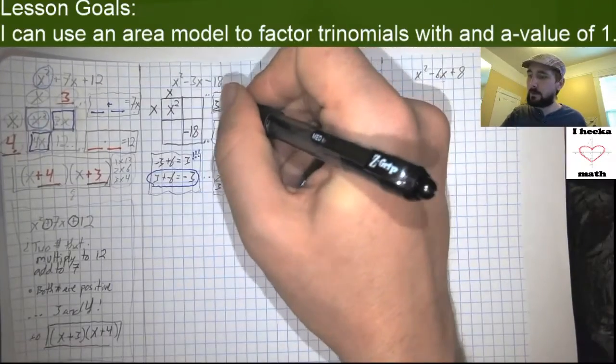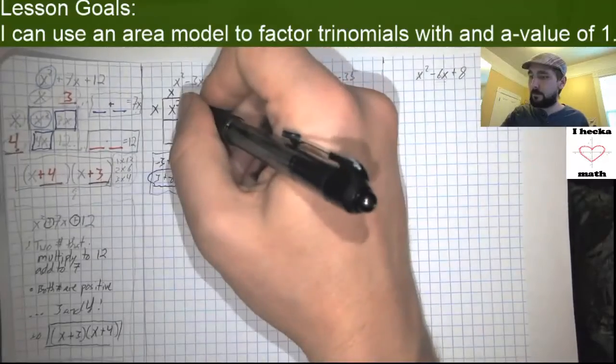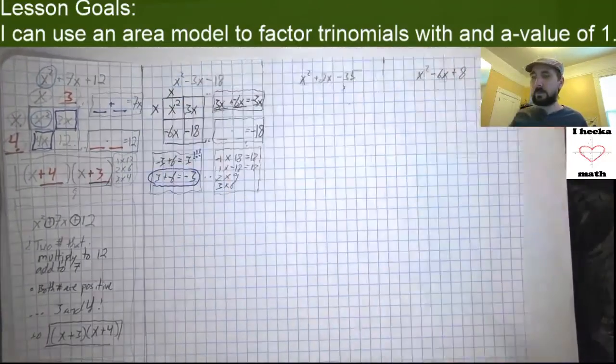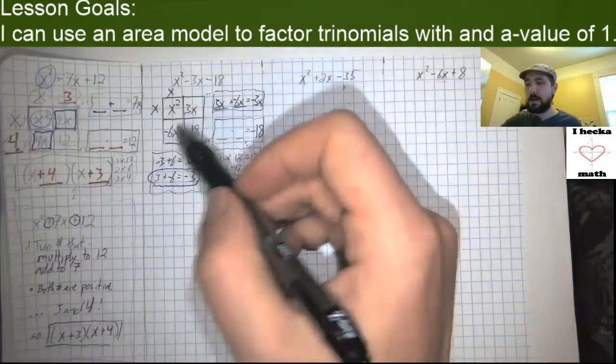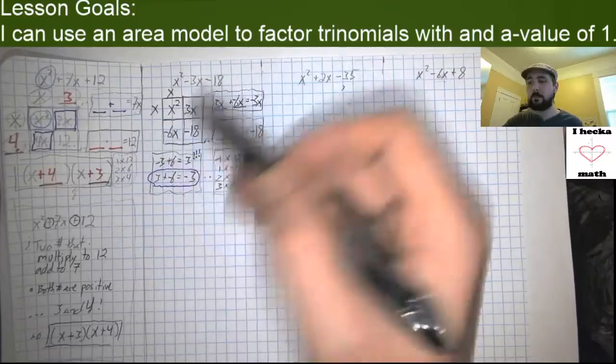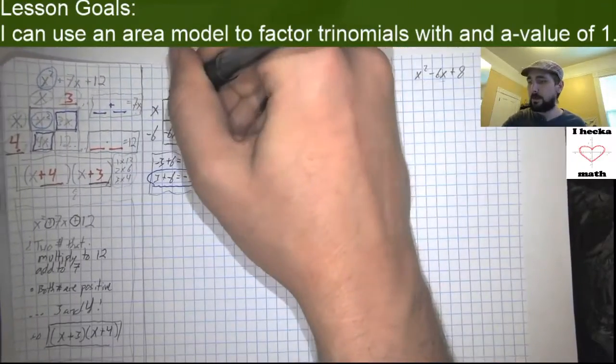So I'm going to make this positive 3x and negative 6x. I'm going to put those in there. And these also tell me, the 3 and the negative 6 tell me what numbers to put out here. So this has to be a negative 6, and this has to be a positive 3.